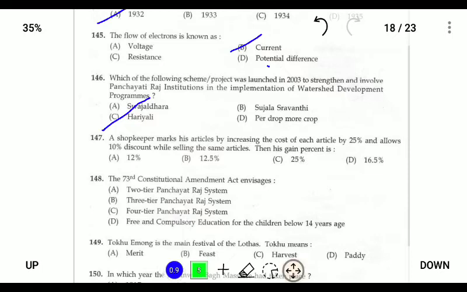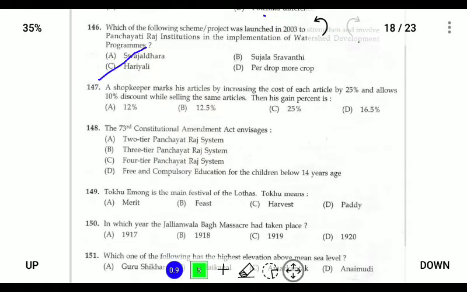Next, the 73rd constitutional amendment envisaged a three-tier system of Panchayati Raj.